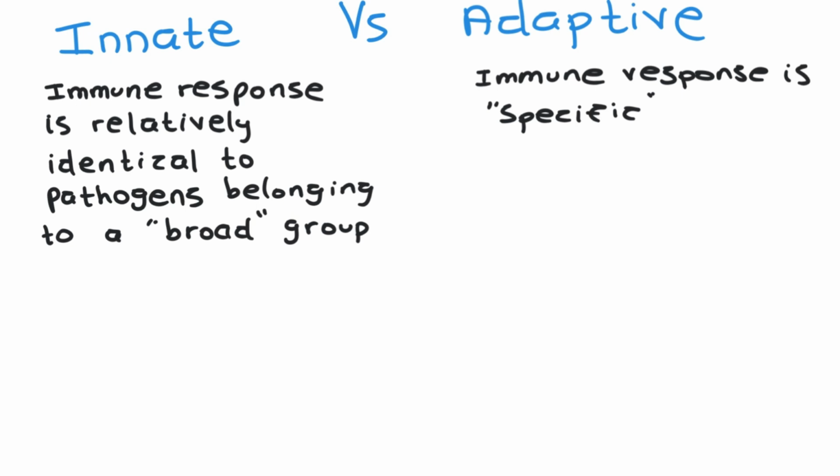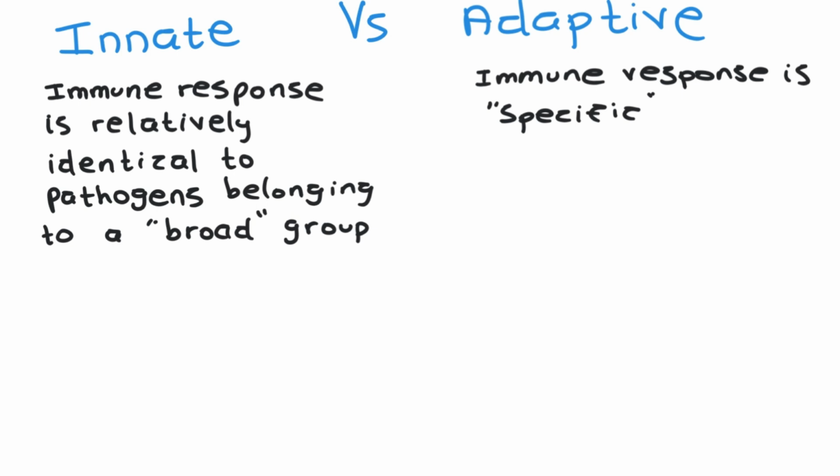So that is why the innate immune system's response is relatively identical to pathogens belonging to a broad group. For example, the innate immune system would respond in a very similar or almost identical way to various species of bacteria, whereas the adaptive immune system, which looks for very specific antigens, would have a varied response to different species of bacterium. Even if they belong to the same genus or class, there would be a noticeable difference between how it goes about responding to the pathogen.